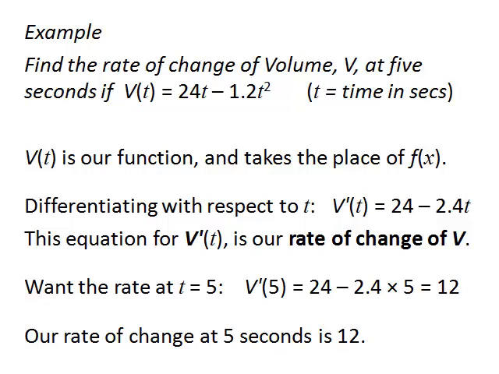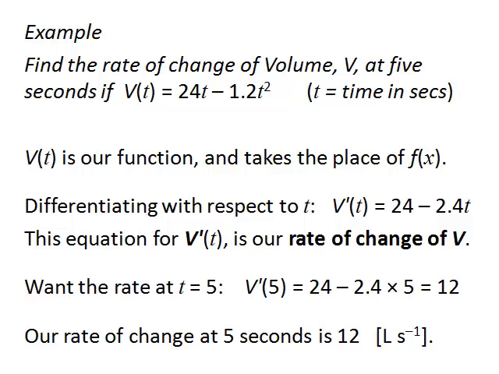Now look again at that question, you'll see that it is really asking what is the gradient, the rate of change of quantity V, but that's y, at t equals 5, which is x equals 5. What is the gradient of this function at x equals 5? Nothing else has changed except the names and the letters.